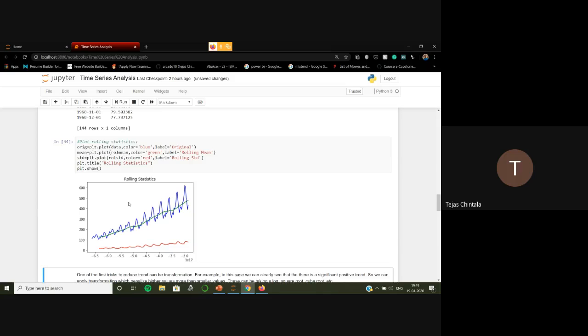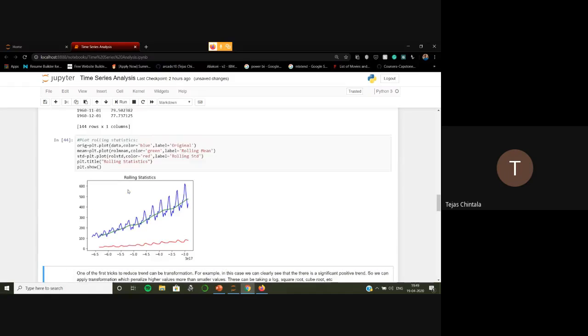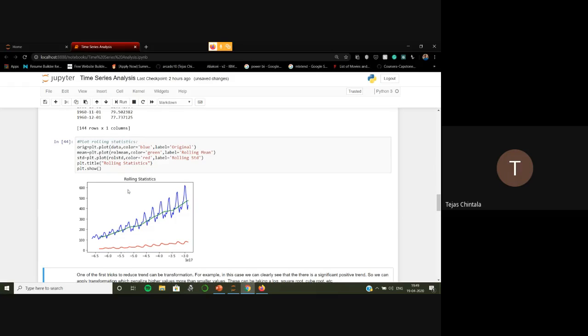Clearly, compared to the previous graph, I've added the mean and standard deviation. I've plotted the mean in green and the variation in red. From the stationarity definition, the mean and the standard deviation shouldn't change.